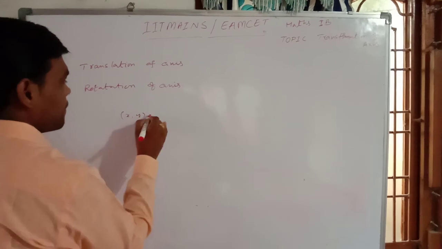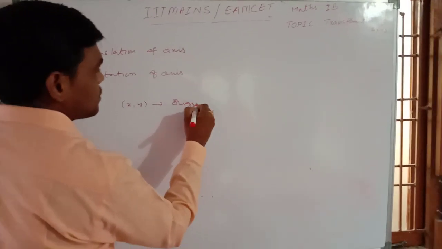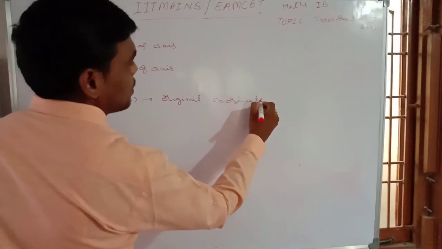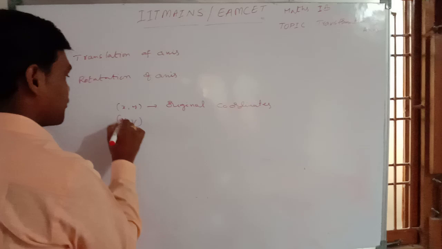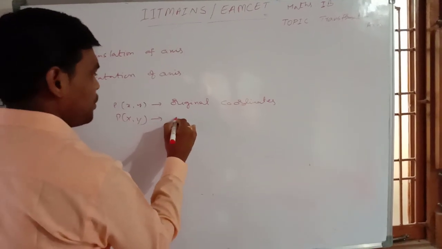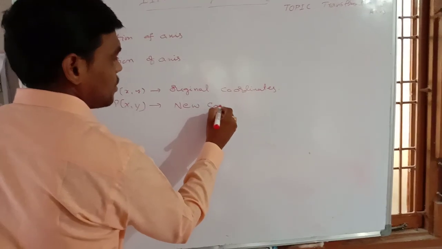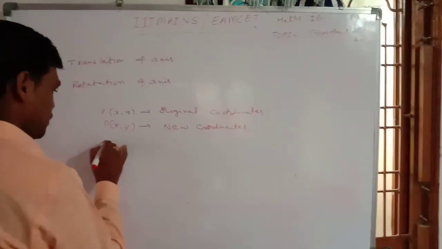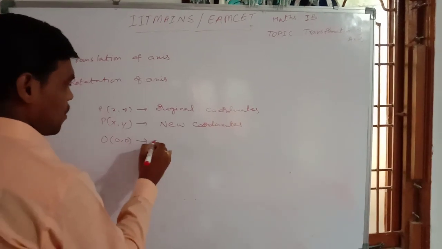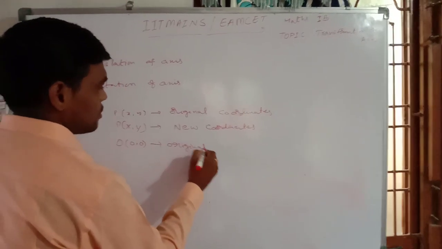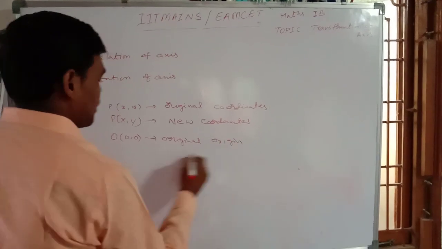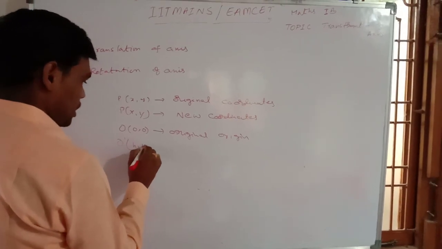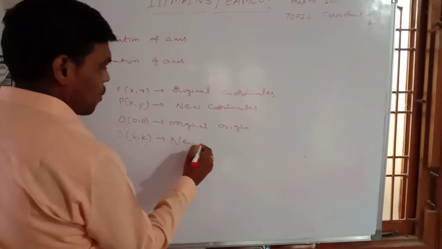Small x comma y be the original coordinates, and capital X comma capital Y be the new coordinates, and O is the original origin, and next the origin is shifted to O dash, H comma K is the new origin.